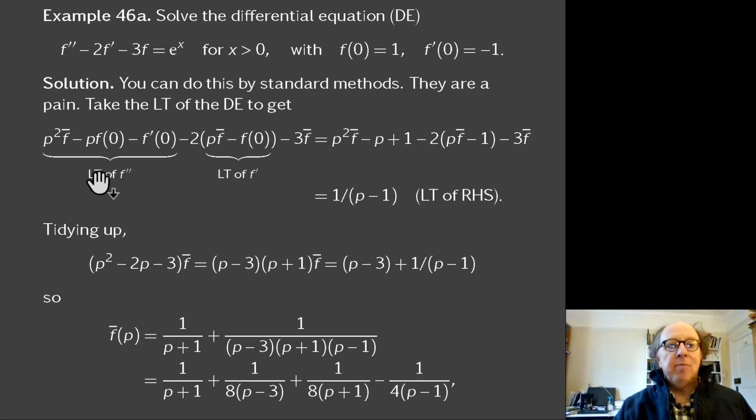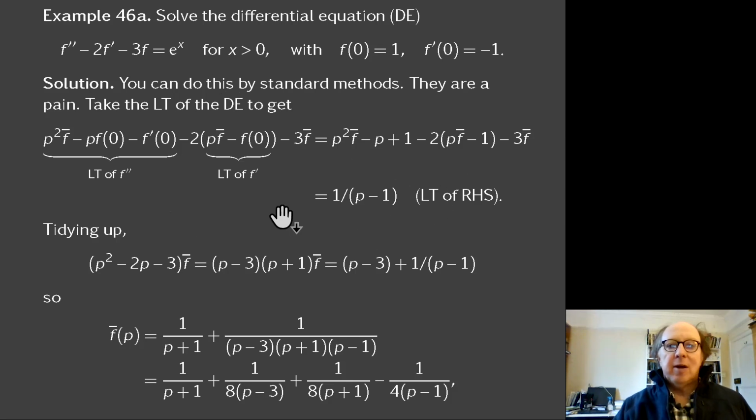The transform of f double prime is p squared f bar minus p f of 0 minus f prime of 0, minus twice the transform of f prime, minus 3 the transform of f, and that is equal to p squared f bar minus p plus 1, so that minus p is there, and the plus 1 is minus f prime of 0, minus twice p f bar minus 1, that minus 1 is f of 0, minus 3 f bar, and the transform of the right-hand side, the transform of e to the x, is 1 over p minus 1.